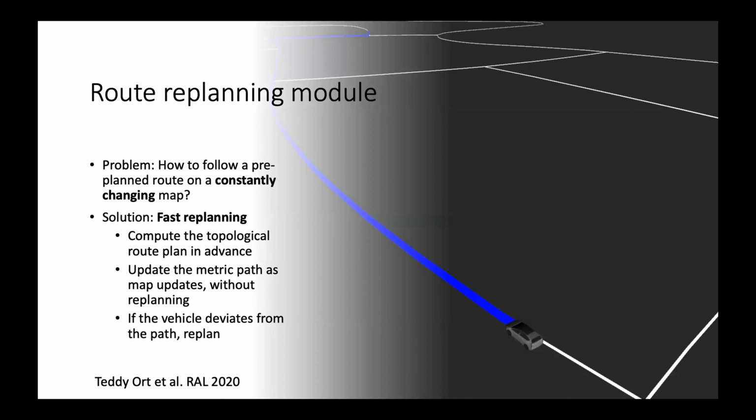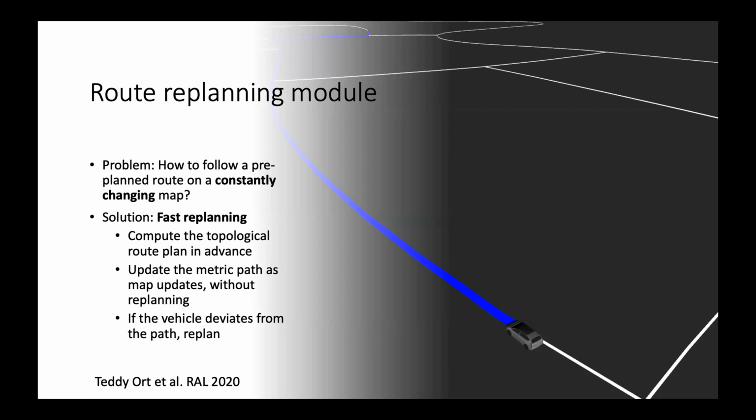Once we have a good registration, we want a replanning module. In OpenStreetMap, topological level planning is quite efficient. You can run your favorite graph search algorithm, and in our case we just used a simple A* graph search to get the shortest route.